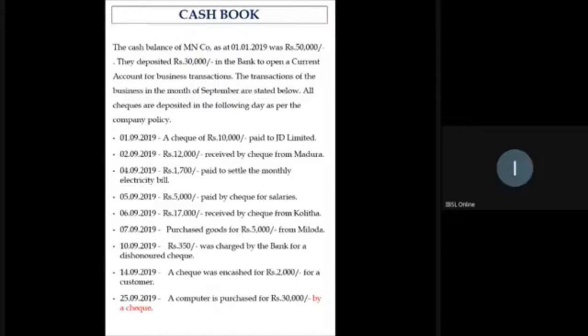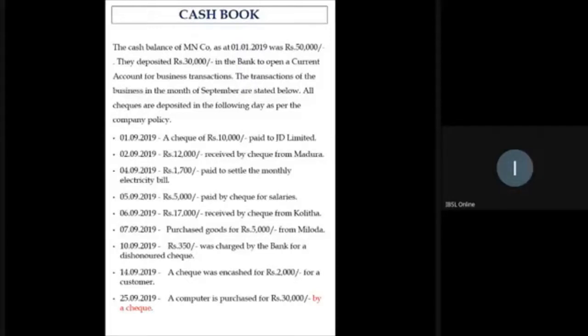Once you get maybe 5 or 10 checks per day, you collect them together and then you go and deposit them to the bank. This is the procedure. You initially collect all the checks and then you draw up a check deposit slip, put all the checks and send it to the bank to be deposited in your bank account.